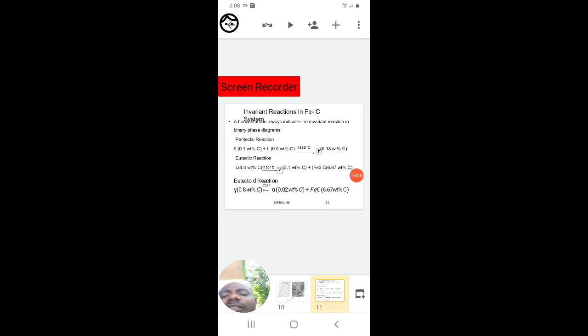So these are called invariant reactions. The horizontal lines always indicate invariant reactions in binary phase diagrams. The peritectic reaction is delta iron plus liquid giving rise to austenite.